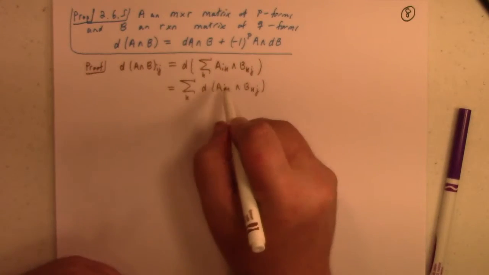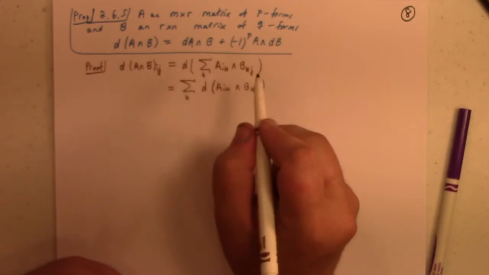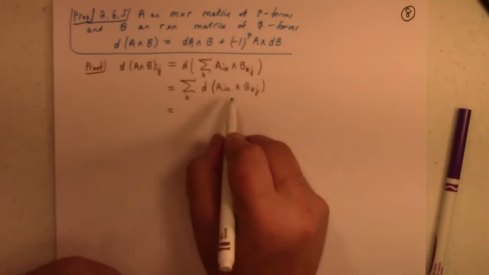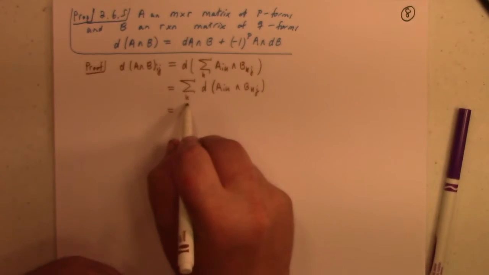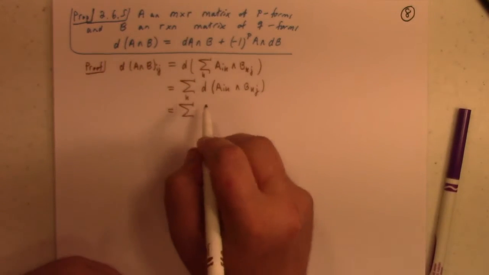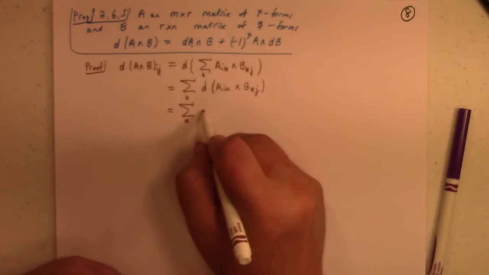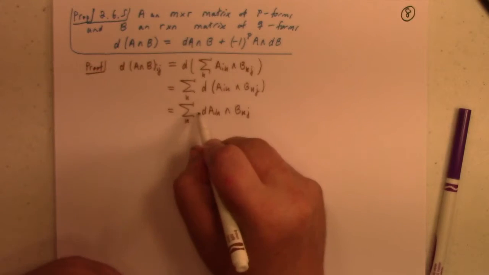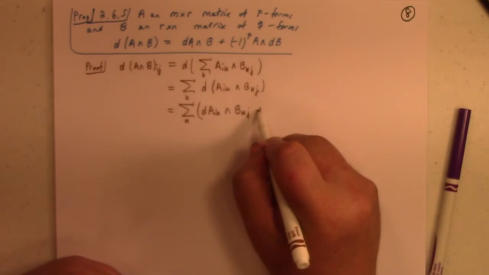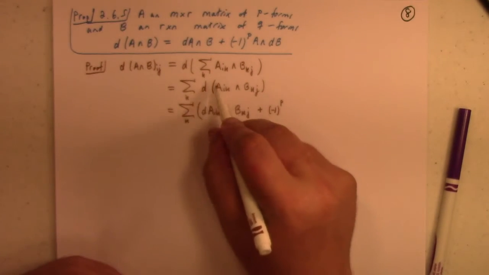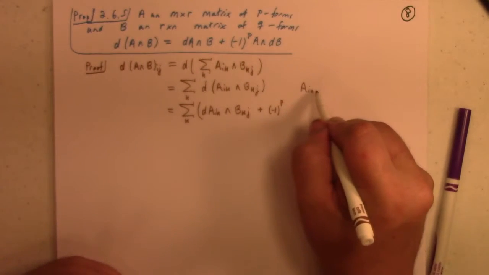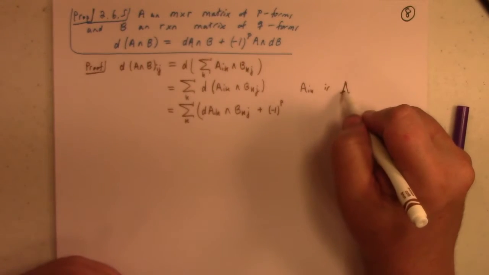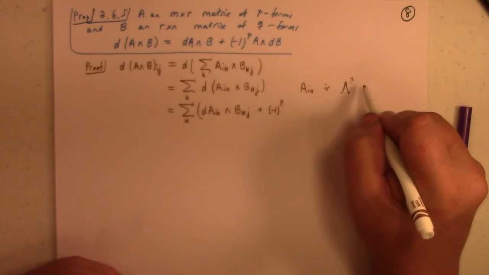Oh, I guess the thing we should remember is we already proved the graded Leibniz rule for forms, right? This is for matrices of forms, but we already have a product rule for just forms alone, and so that's d a_ik wedge b_kj plus minus 1 to the p, because a_ik is a p form.